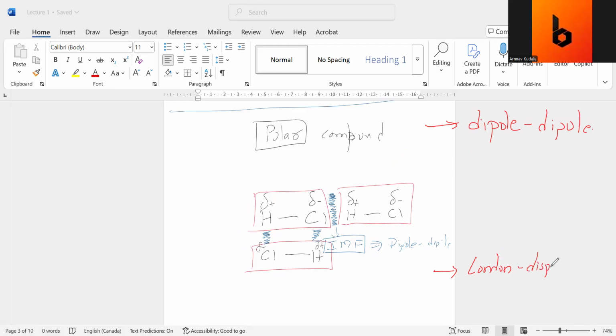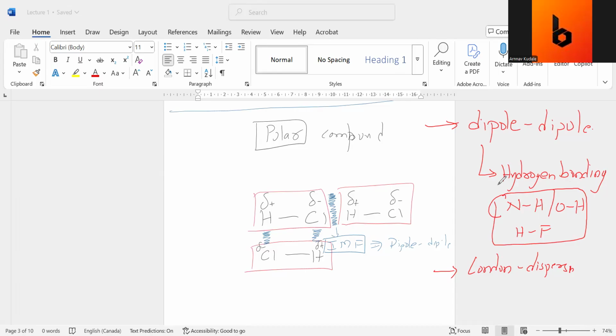Now in dipole-dipole there is a subdivision which is hydrogen bonding. When do we use hydrogen bonding? When the bond is between nitrogen and hydrogen, oxygen and hydrogen, and fluorine and hydrogen. It's a dipole-dipole interaction, but we treat hydrogen bonding separately because it is stronger.